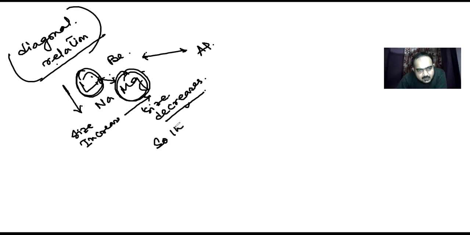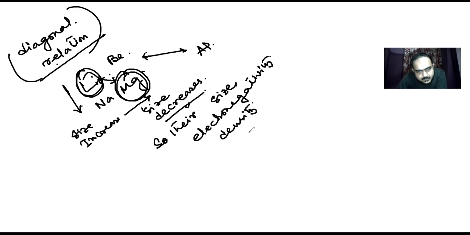So their size, electronegativity, density, electrode potential, flame colorization, they both do not undergo flame test.